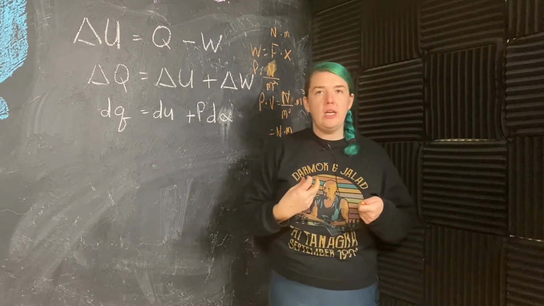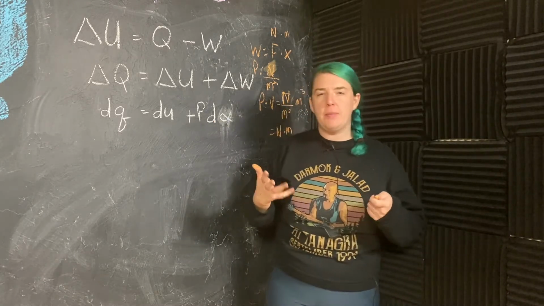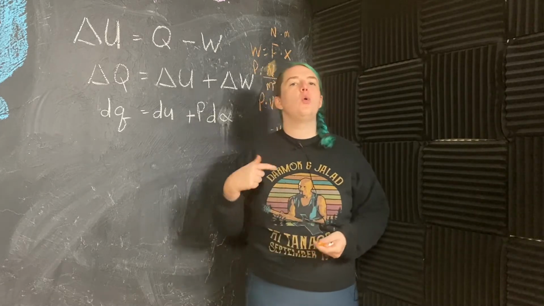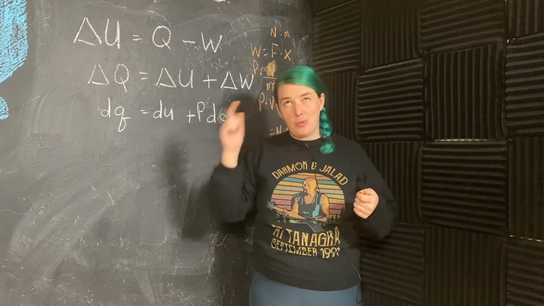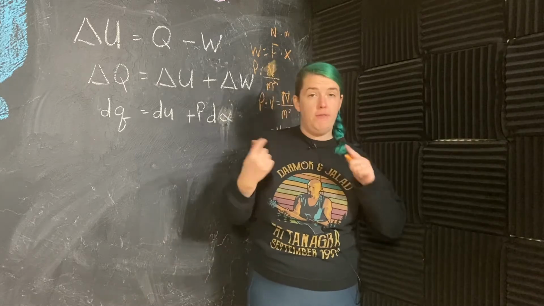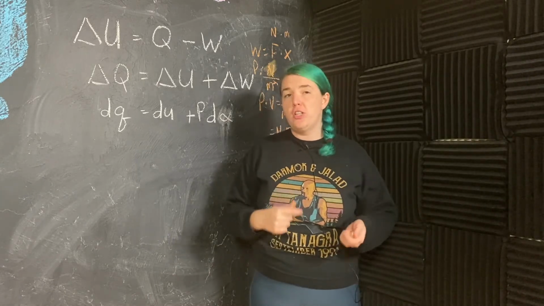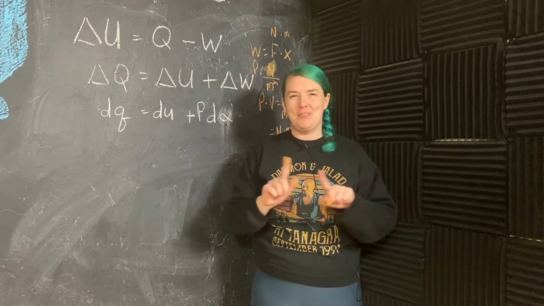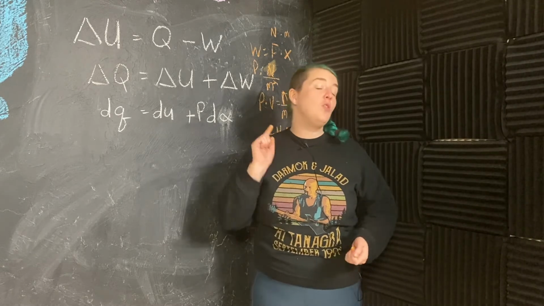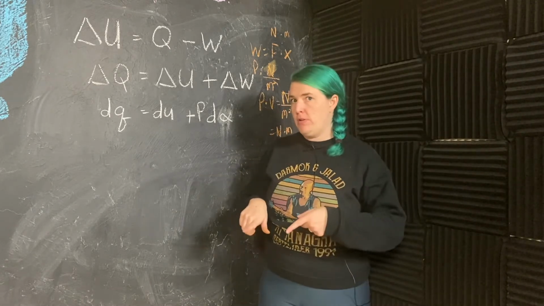Generally, when you're doing a first law of thermodynamics problem, we're going to think of it as either pressure is constant or volume is constant, and generally we don't let both of those things vary at the same time. You're gonna see why that's important as we keep moving forward.